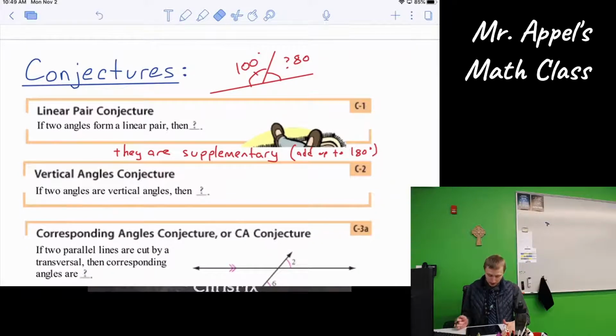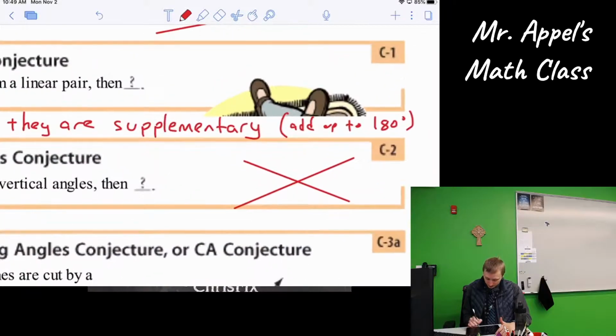Next one, vertical angles. Vertical angles, remember, are the opposite sides of an intersection. I take two lines and crisscross them whichever way I want. If we talk about one angle here, think about the catty corner, opposite side of the intersection, all the way right here. What is this angle?